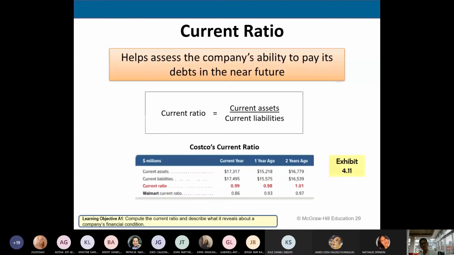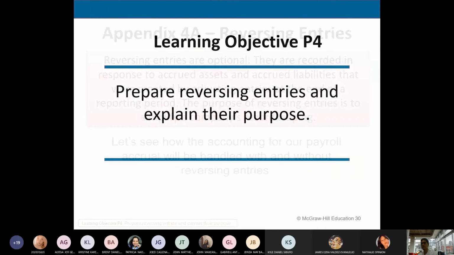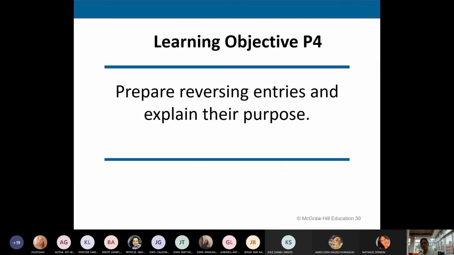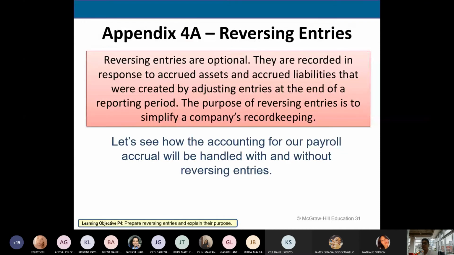Okay, so our last topic is reversing entries. No? What are the transactions that require us to prepare the reversing entries? At ano yung purpose nitong reversing entries? No? But sabi nga, this is an optional process. No?